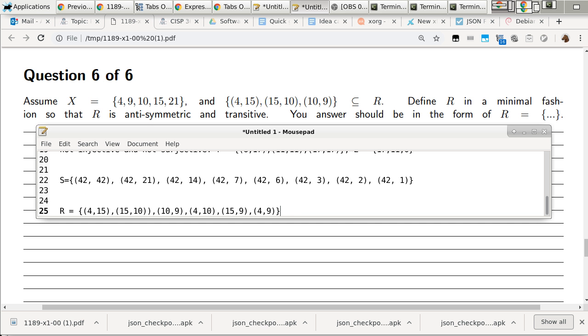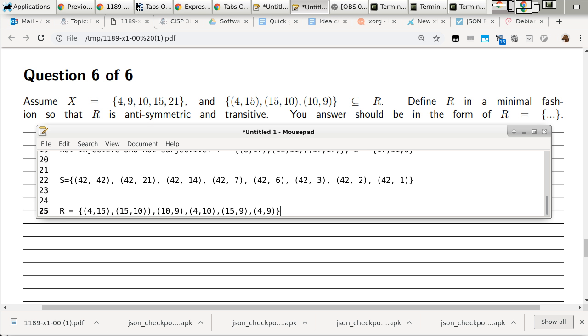So then you say, well, what if I pick 4 as A, 15 as B, and 10 as C? Then the left-hand side of the implication is true. Yes, the left-hand side is true, so the right-hand side, the consequent, has to be true.